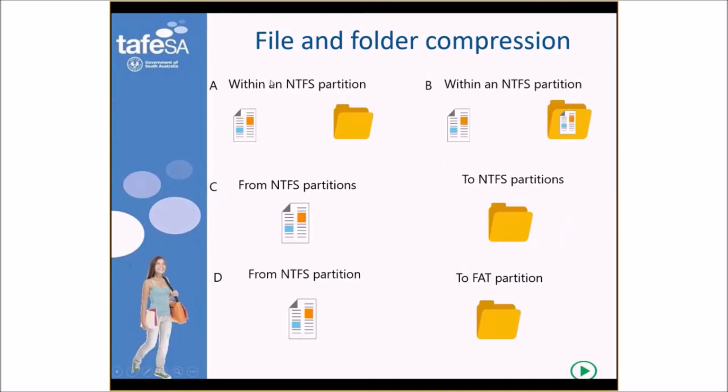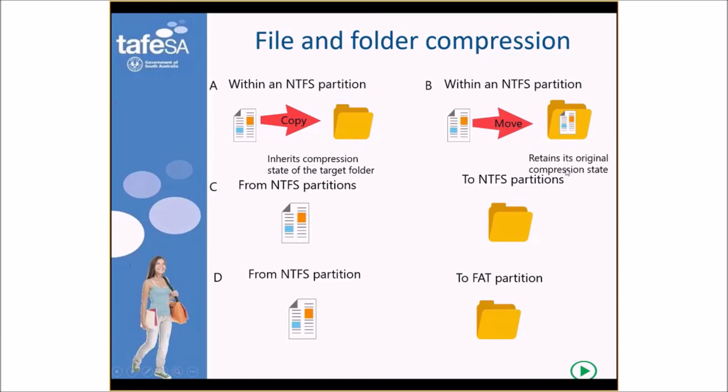So what happens if you copy these compressed files? Well, if it's within the same partition, because we can configure compression for the whole partition, it's still compressed. If we copy from one NTFS partition to another NTFS partition, it loses that compression, and the copied file inherits the compression of the target it's copying into.